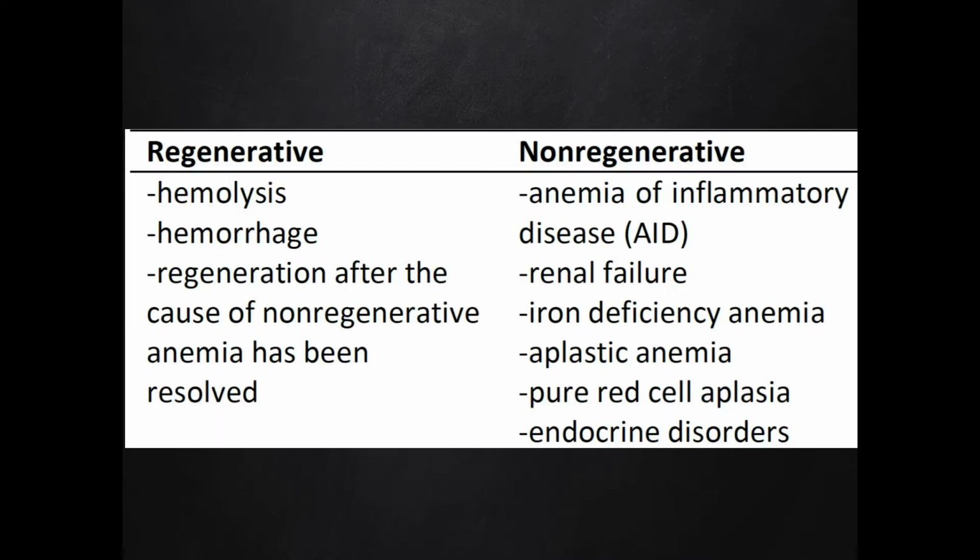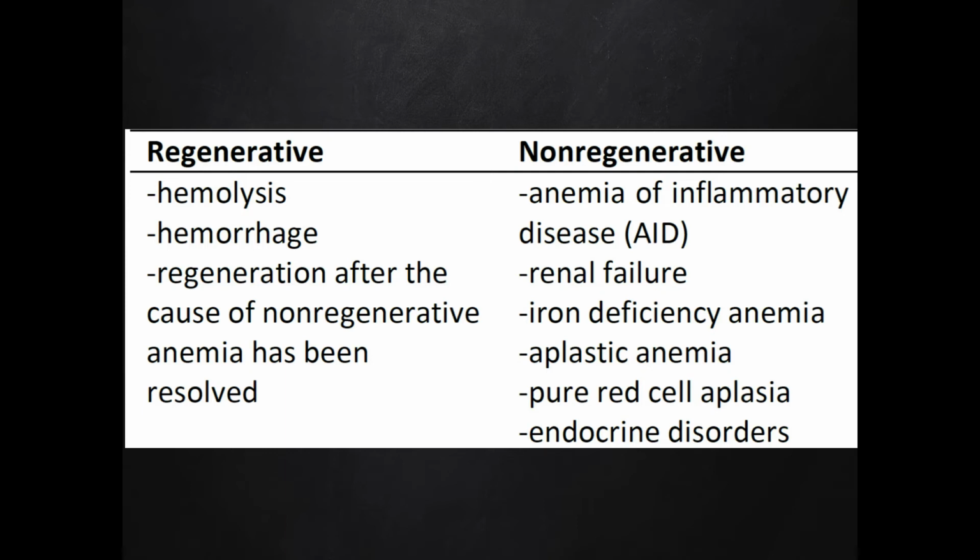If you are able to differentiate regenerative and non-regenerative, you will have an idea or clue as to what could be the branches of diseases involving the patient. In regenerative anemia, there is an indication that the bone marrow is regenerating, a regenerating replacement population of erythrocytes.